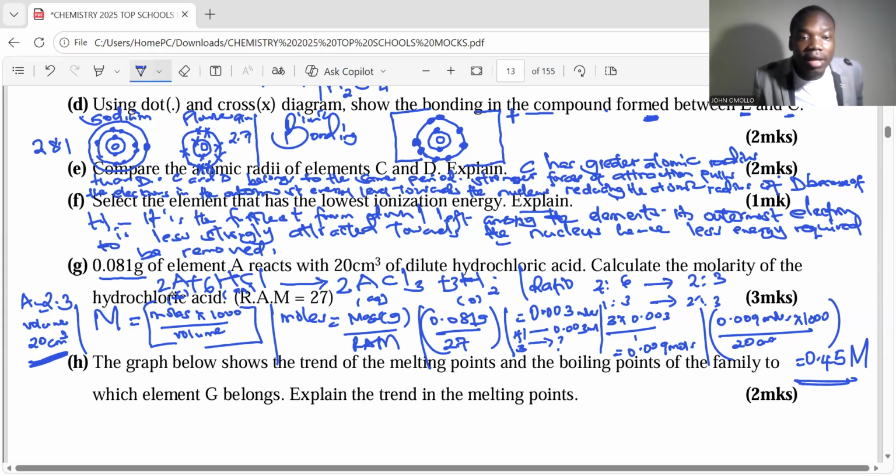And 2 to 6, A to HCl, is reduced to 1 to 3. So when 1 is equal to 0.003 moles of A, how about 3 moles of HCl? That is what I did here and found 0.009 moles. So we already have moles. What next? Just feeding. Molarity is equal to moles times 1,000 over volume. We get 0.45 molar.